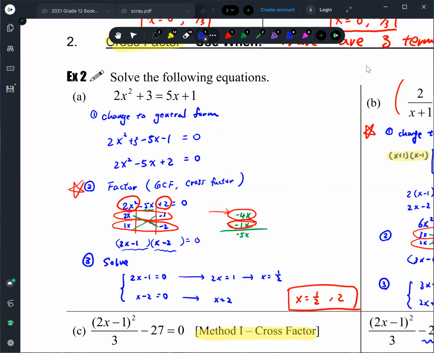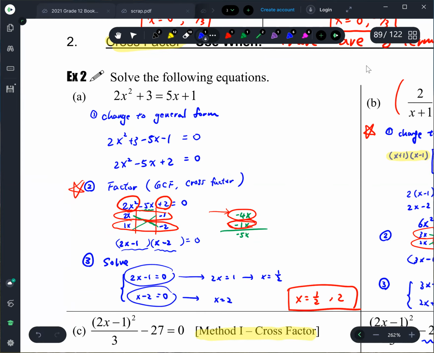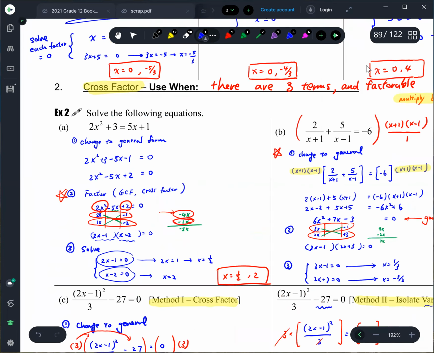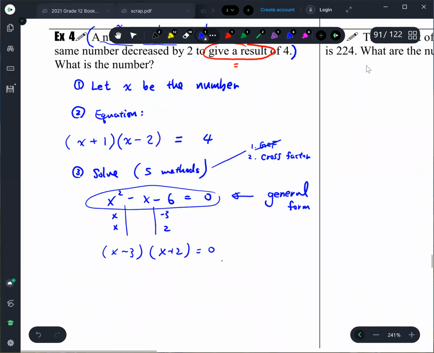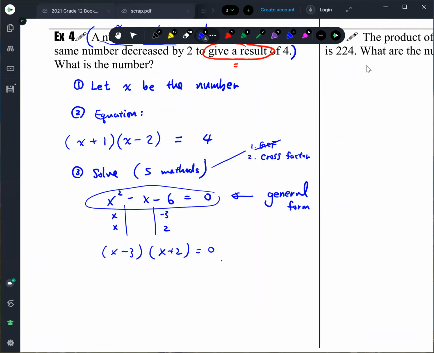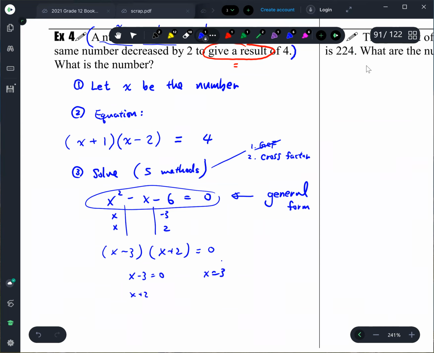You make each one equal to 0 and solve for x. Oh, okay. You did that before? Yeah, I remember now. So then it's x minus 3 equals to 0 or x equals to 3, and x plus 2 equals 0 or x equals to negative 2.